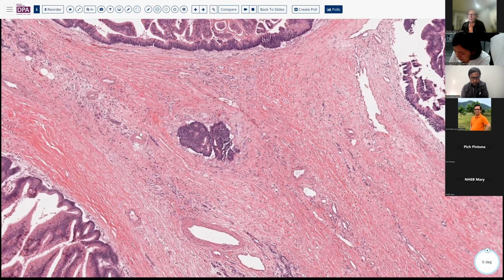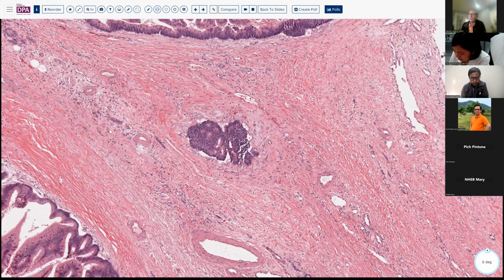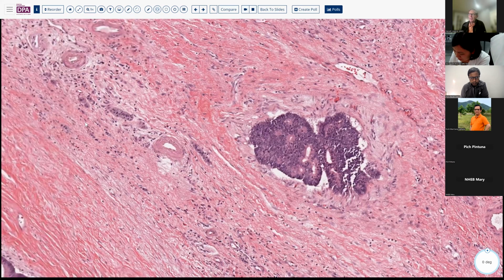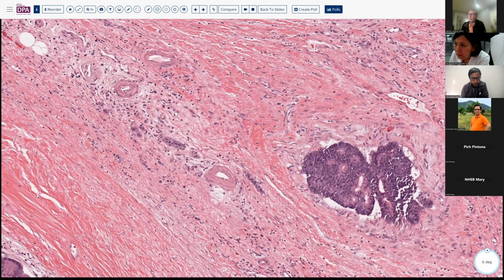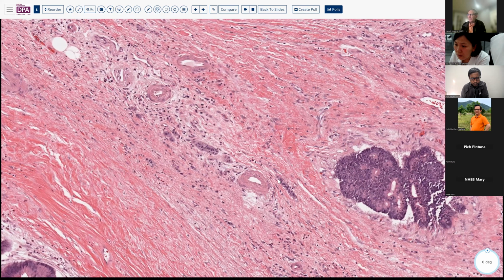It's not right adjacent to a large vessel, so it still is there. But then you also want to look for evidence of invasive neoplasia. And so little nests like this could be the harbinger of invasive component.